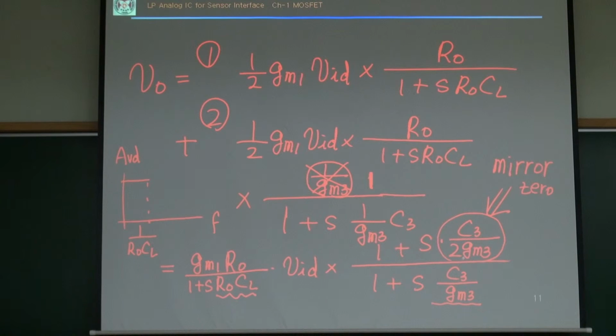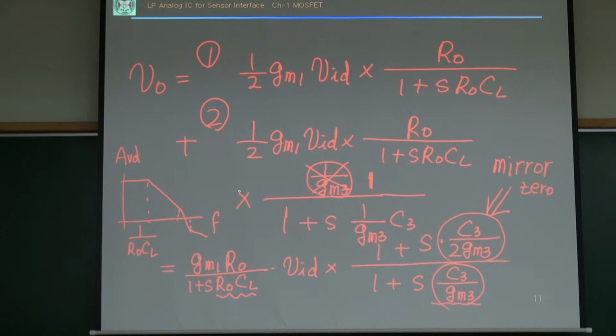Yeah, this zero comes later. S divided by, I think it's something like that. Yeah, this pole comes first, and there is some zero there. So I thought the other way around.